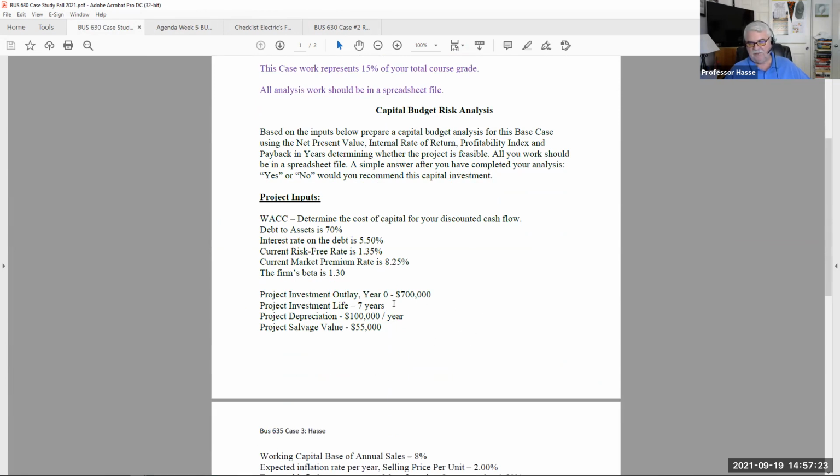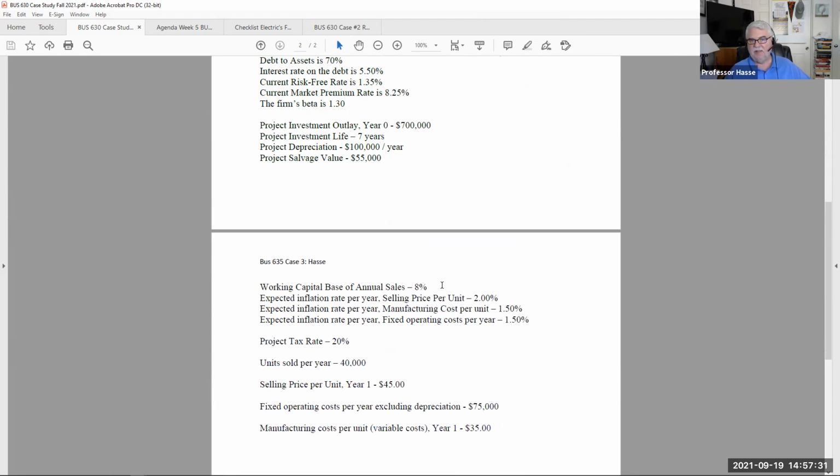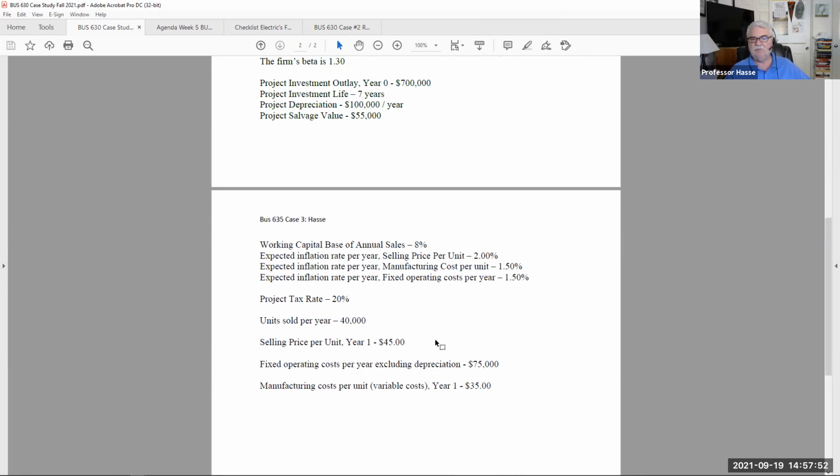The project's life is 7 years, depreciating $100,000 a year with a salvage value of $55,000, a working capital base of 8% of revenue, inflation rate for selling price 2%, inflation rate for manufacturing costs, or another word for variable cost, 1.5%, inflation rate for fixed cost, 1.5%. A project tax rate of 20%, 40,000 units sold each year at a selling price of $45 a unit, fixed costs of $75,000, and variable manufacturing costs of $35,000 a unit.